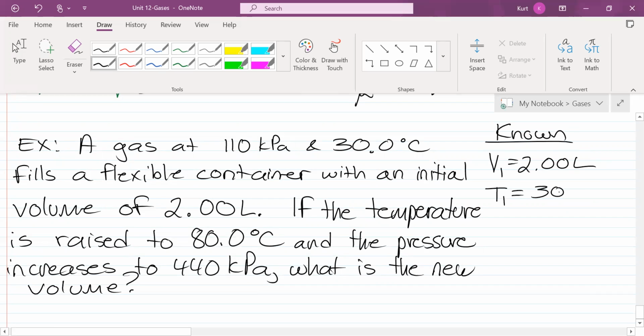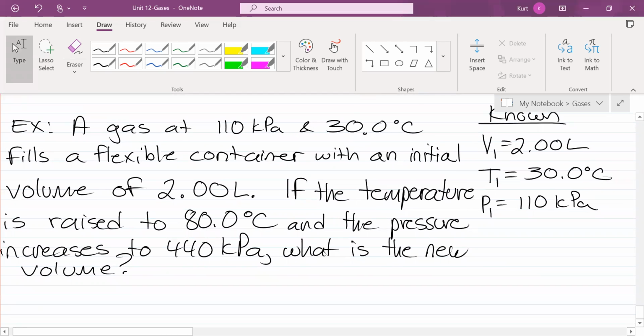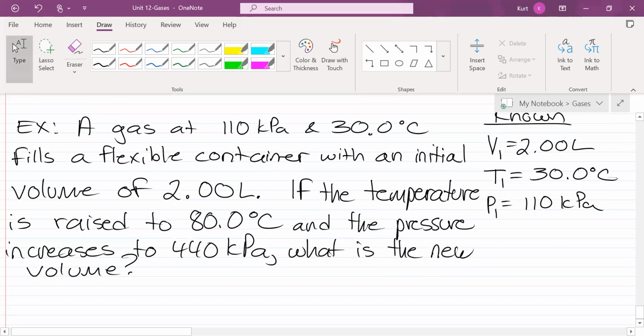T1 is 30 degrees Celsius, correct? Kevin, tell me a third variable that we are provided here. P1 is 110 kilopascals, okay? 2 down, 3 down, 2 to go. Nick, can you tell me a fourth variable that we are provided in this problem?